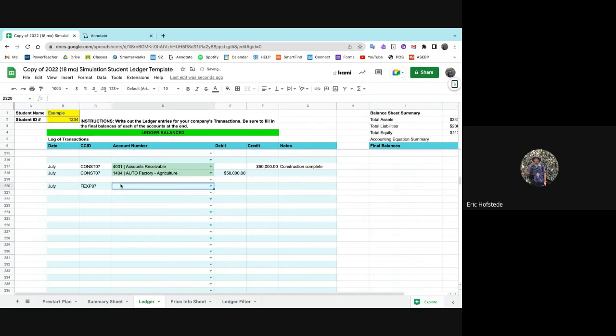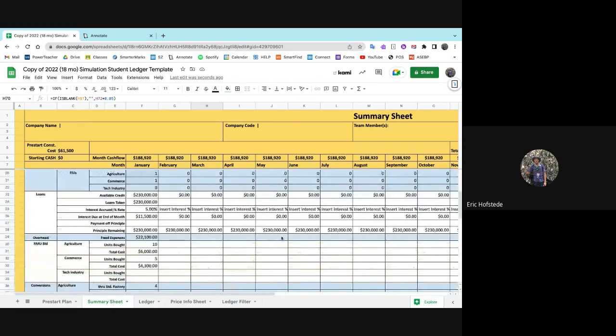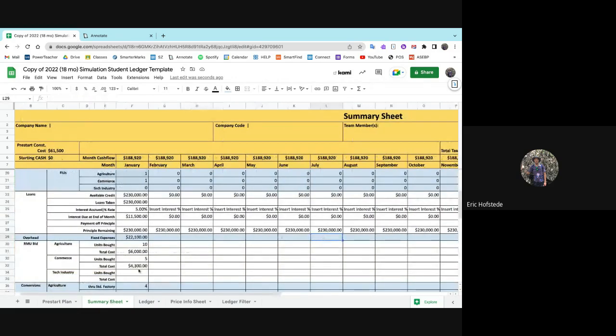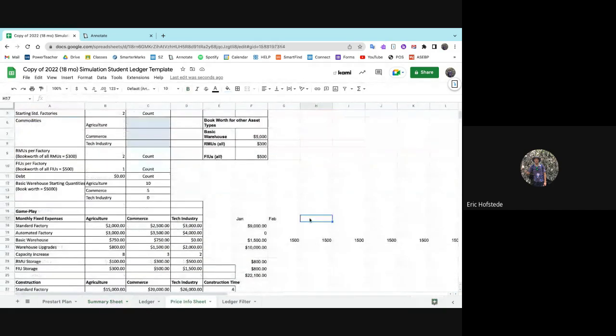And that would have to change now. I need to go into my summary sheet and figure out my fixed expenses based on my new factories from the price info sheet. You would find in July that you got your same two standard factories if you did no more construction. So 2 of each would have been $9,000 again.